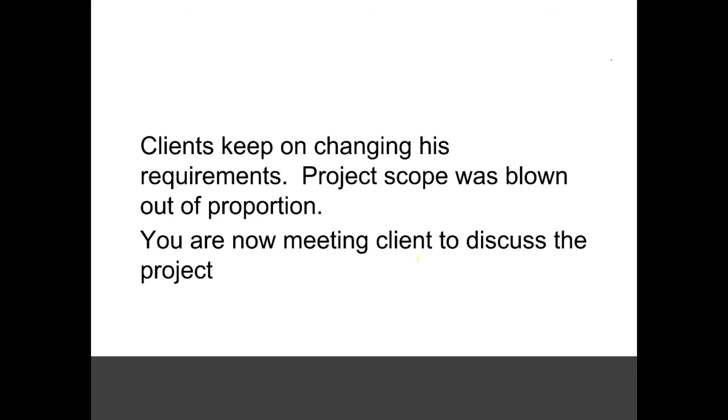The client keeps on changing their requirements. The project scope was blown out of proportion because the client could not decide what they want, and you are not meeting the client to discuss the project.